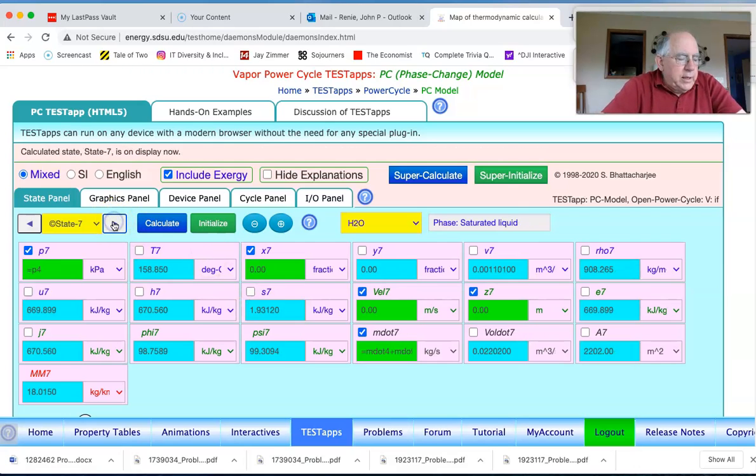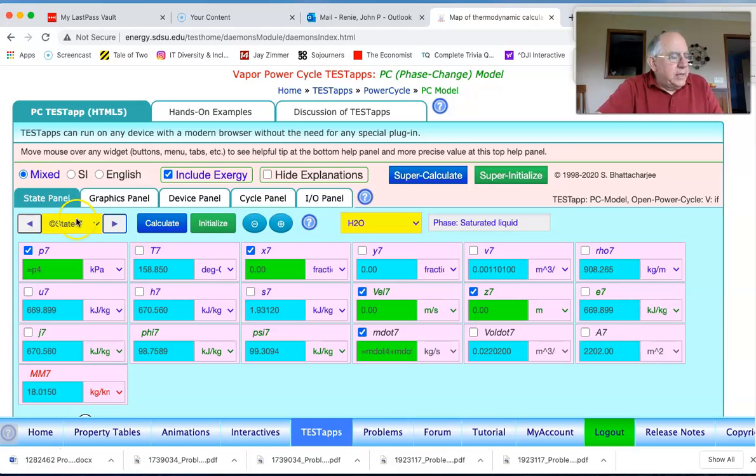And then we go into the condenser. State 7 is what's coming out of the process heater. And what's coming out of the process heater is at pressure 4, which was the extraction point. And it was stated in the information that it comes out at the saturated liquid condition.